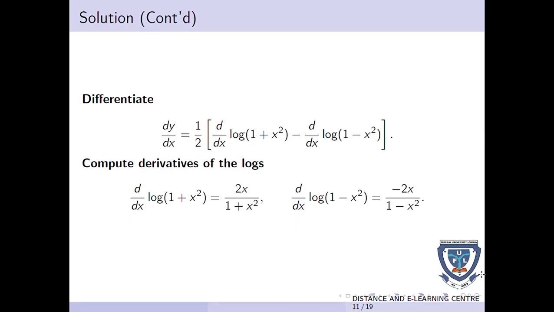Now, by the time you differentiate, dy dx, you are going to have 1 over 2 [d dx log (1 plus s squared) minus d dx log (1 minus s squared)]. When you compute the derivatives of the logs, which is the one on the 1 plus s squared and 1 minus s squared, you are going to have the following there, which is 2x over 1 plus x squared and minus 2x all over 1 minus s squared.